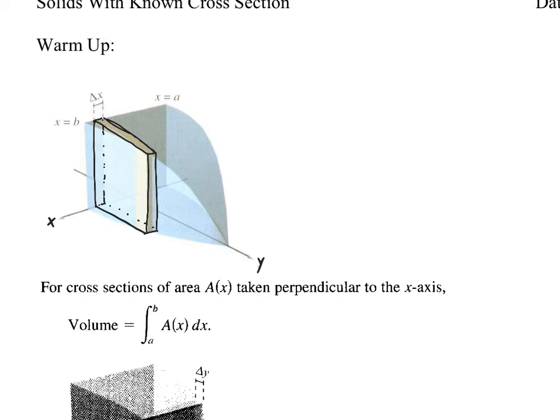Now, if we're doing this where it's perpendicular to the x-axis, then our volume is going to be the integral from a to b of the area, capital A of x, dx. Now, the capital A of x is the area of the cross-section. So wait, how are we doing area? Now we're dealing with volume.